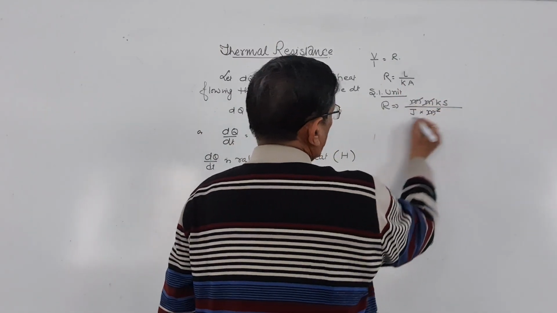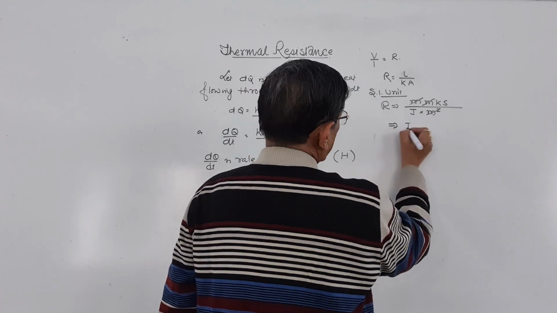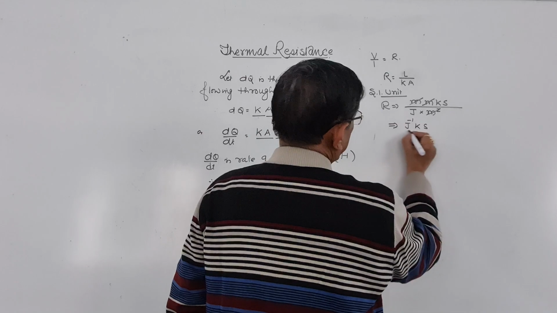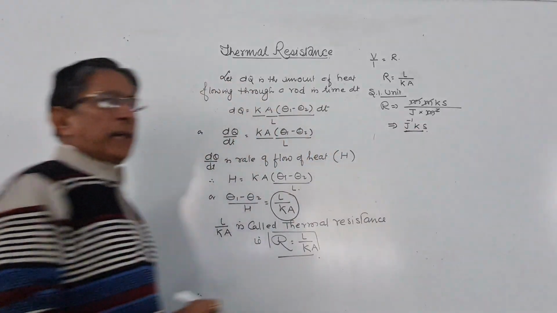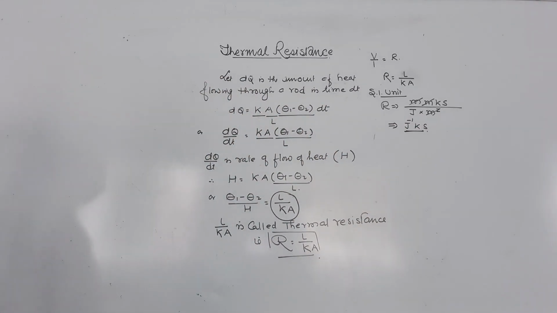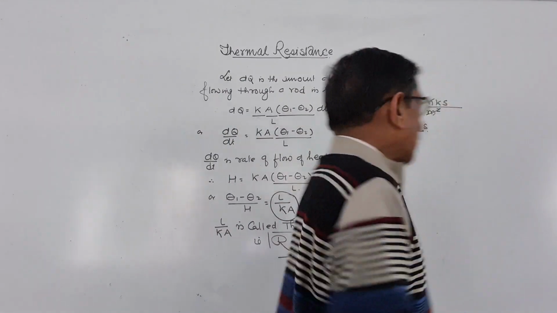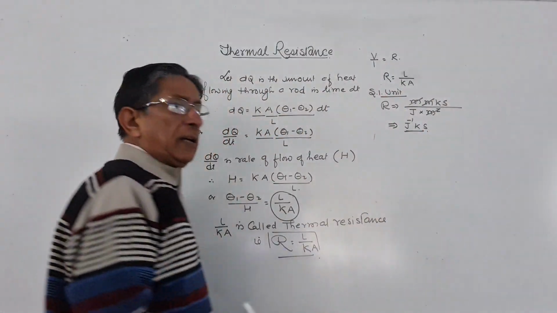So it cancels out. So its unit will come out as joule per second Kelvin, or its unit will be joule power minus 1 Kelvin second. And from this you can calculate the dimension.